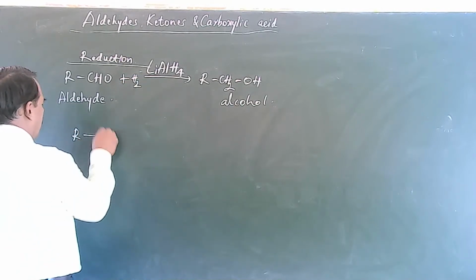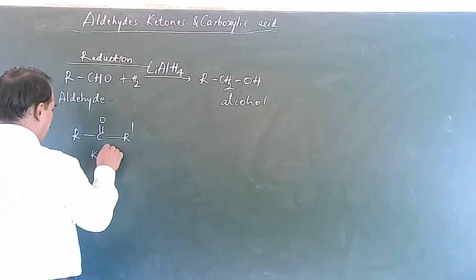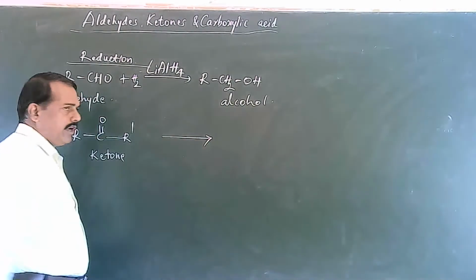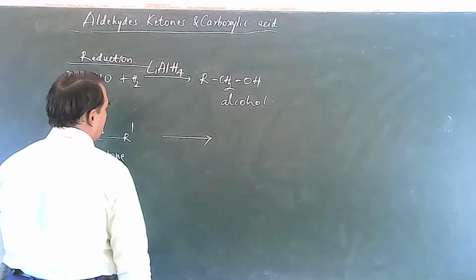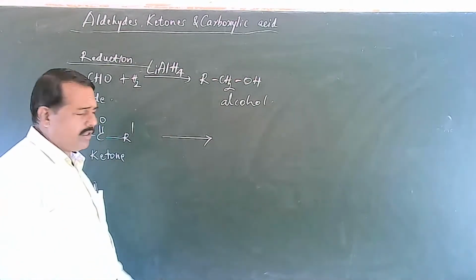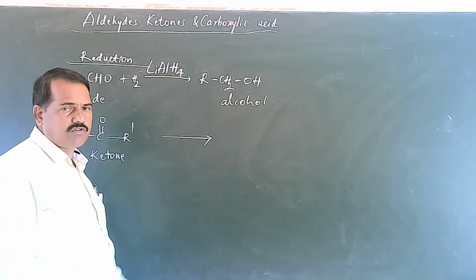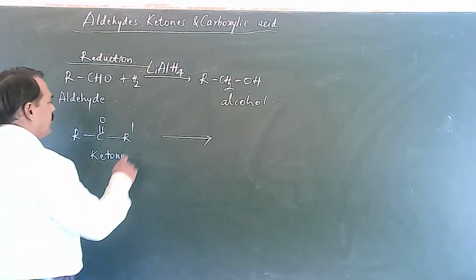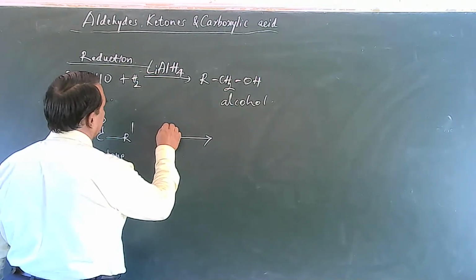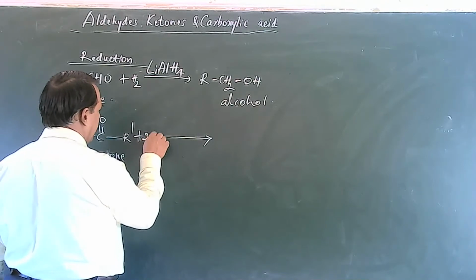So if it is a ketone, R C double bond O R dash, see on reduction with a strong reducing agent like lithium aluminum hydride, anything we can use. Again sodium borohydride, NaBH4, in the presence of 2H.